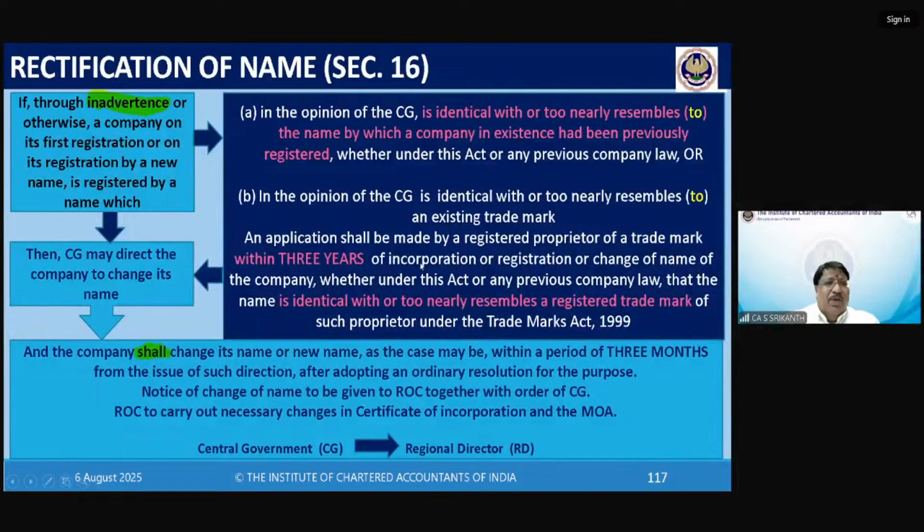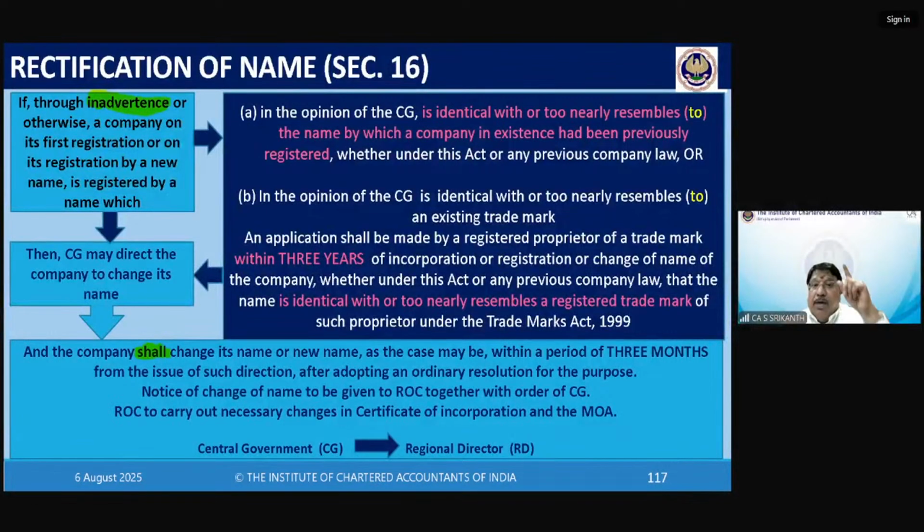Now we move on to another topic, which is rectification. Are you able to understand? Rectification means that the name given is identical, due to inadvertence, meaning mistake, or otherwise, and a company has been incorporated with a name which too nearly resembles the name of another company.